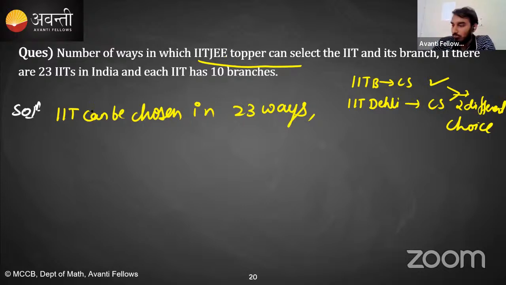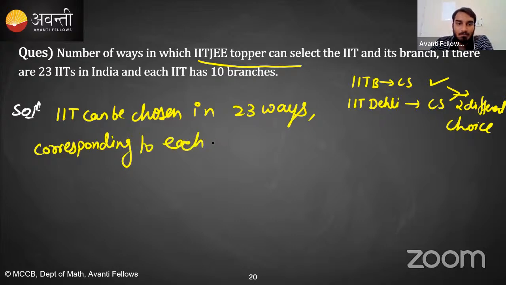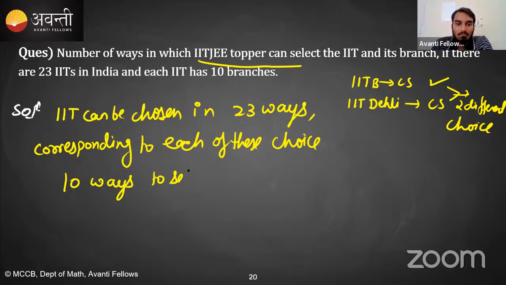So corresponding to each of these choices, there are 10 ways to select branches. Yes or no? So tell me, how many ways are there then? Now remember, two things are happening.